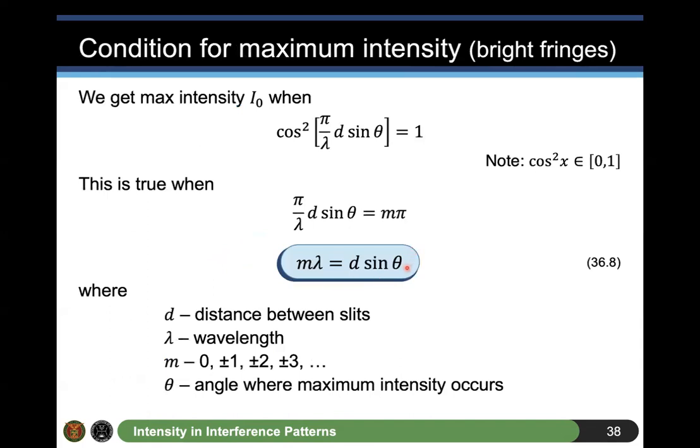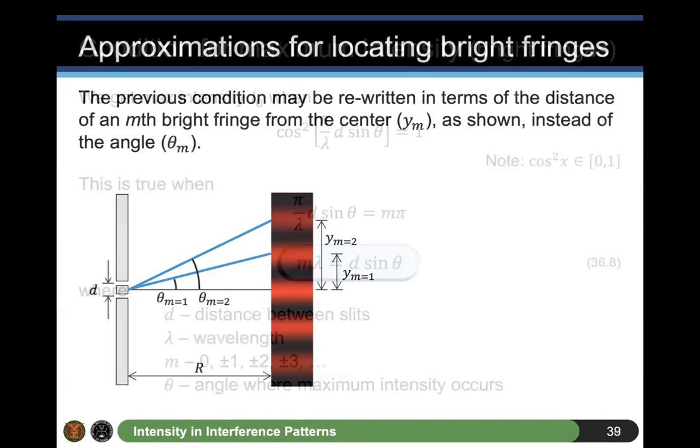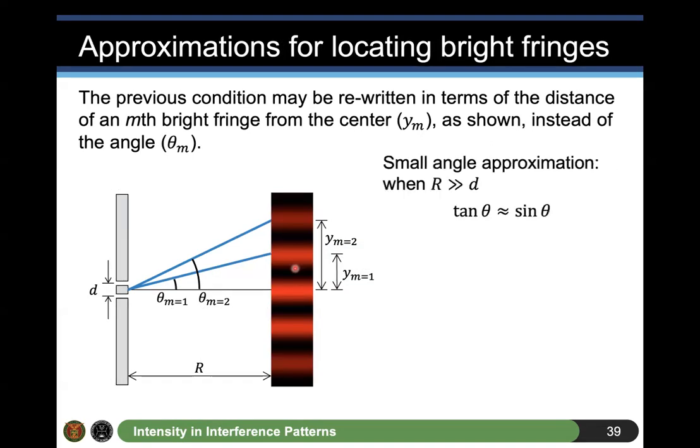Okay, so etong theta na to, corresponding siya sa m. Right? Ngayon, we can use just y sub m. Kasi minsan mahirap isipin ano yung angle. Okay. For this, we use small angle approximation kasi nga we assume that yung viewing screen is very far from the double slit. Okay. So in that case, theta is approximately tangent theta or sine theta.